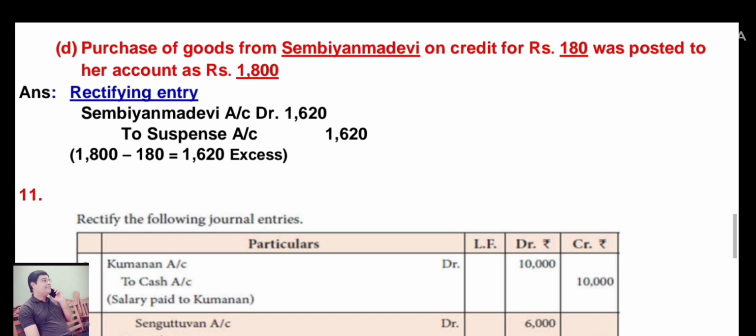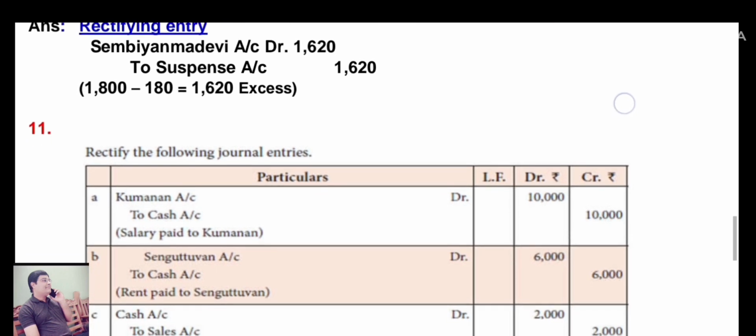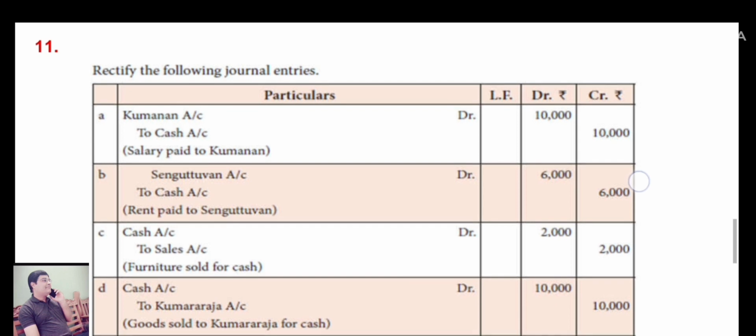But to rectify it, since it is excess, we have to write the opposite, so her name we have to write on the debit side. So Sembyanma Devi account debit 1,620 to suspense account 1,620. So 1,800 minus 180.